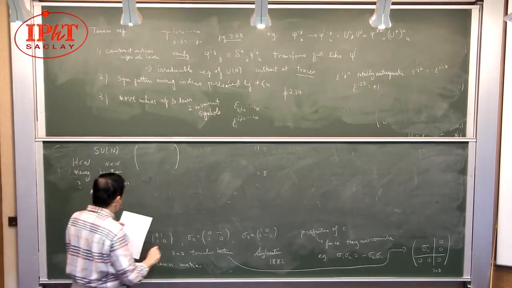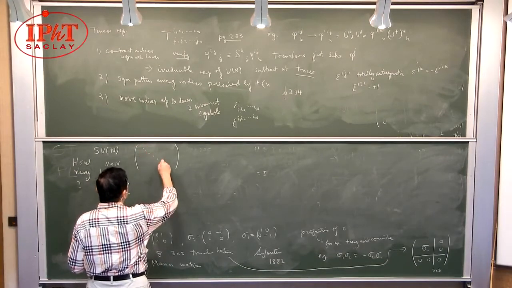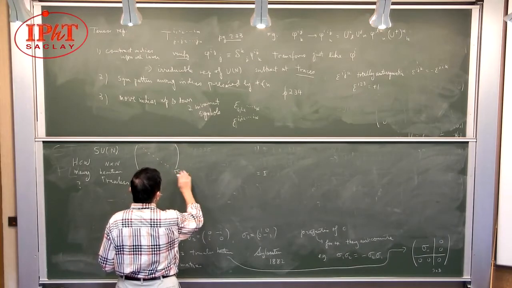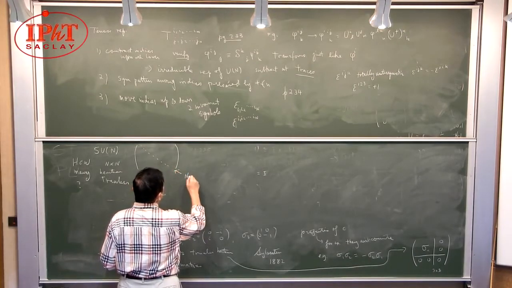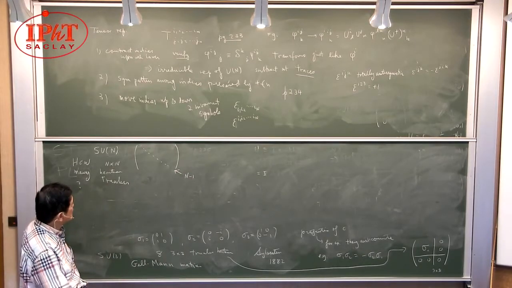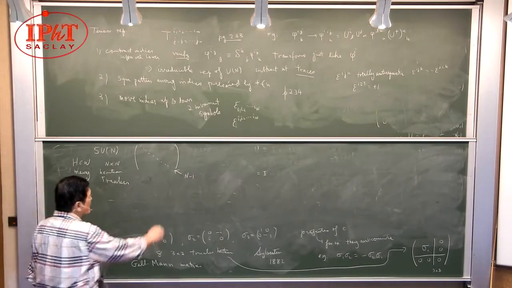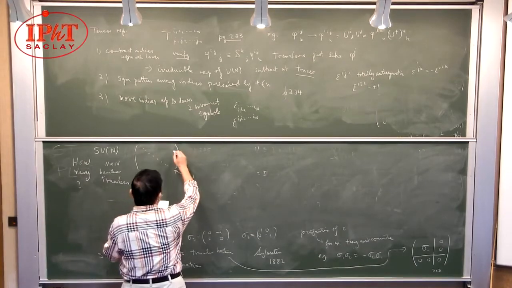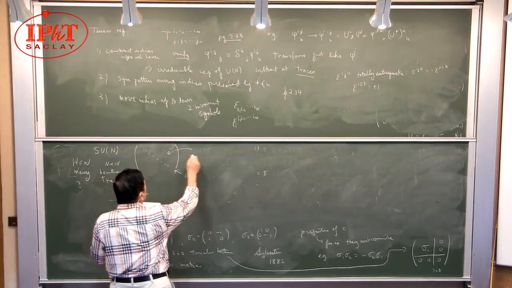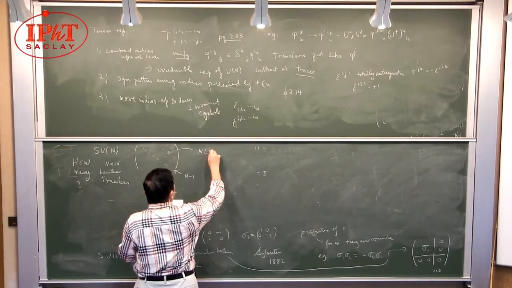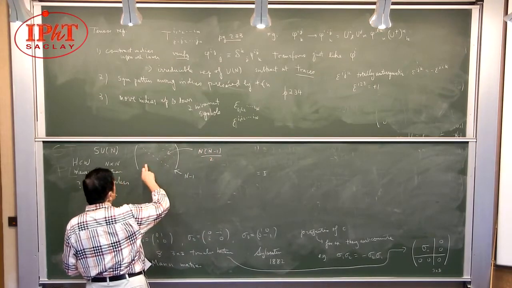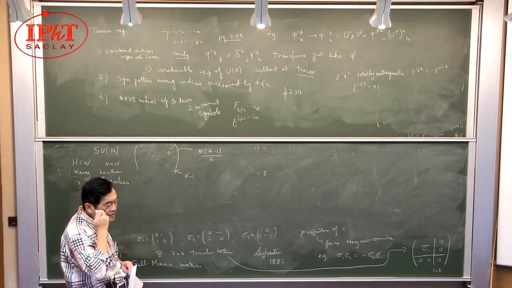Okay, so this is easy. First, there are the diagonal elements, and they are n minus 1 independent objects we can write down. The minus 1 is because it has to be traceless, so that subtracts 1 from n. And the other thing is how many elements are in the off diagonal: n times n minus 1 over 2, because these are related by Hermitian conjugation.